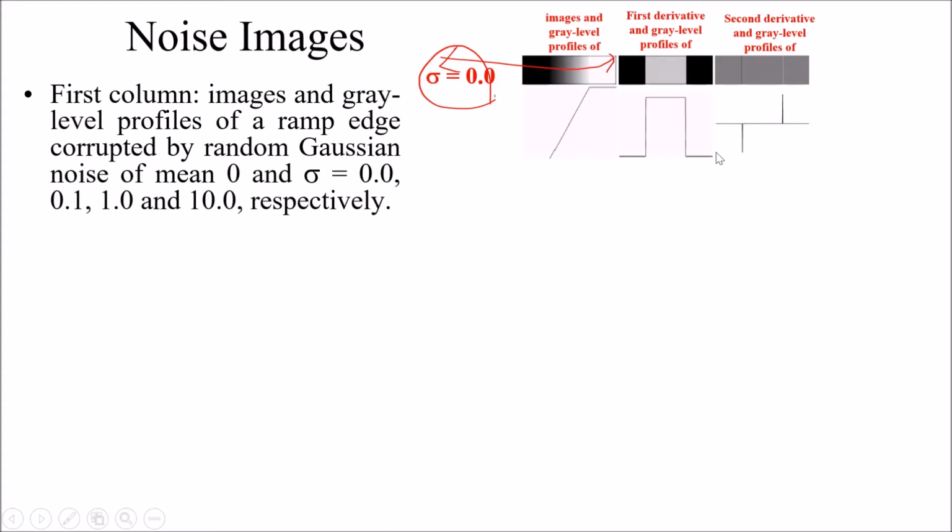The second part is the first derivative outcome, and the third column is the second derivative outcome. So in a simple way, this is the ramp profile of the image, the first derivative, and then the second derivative.